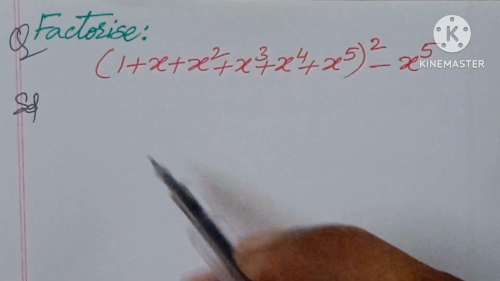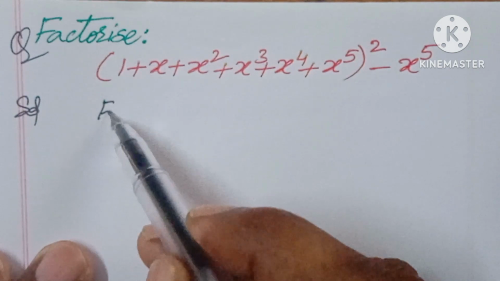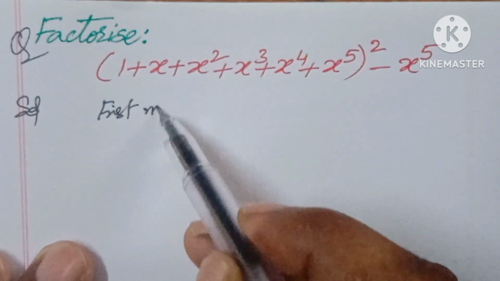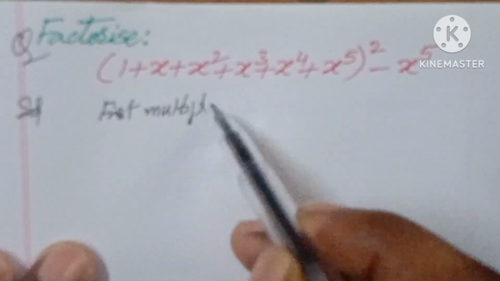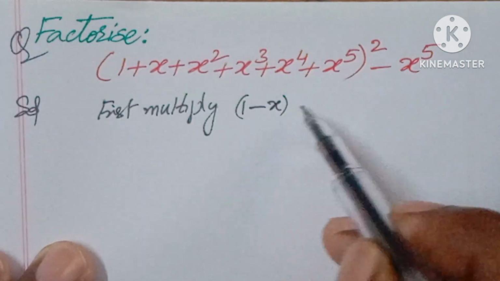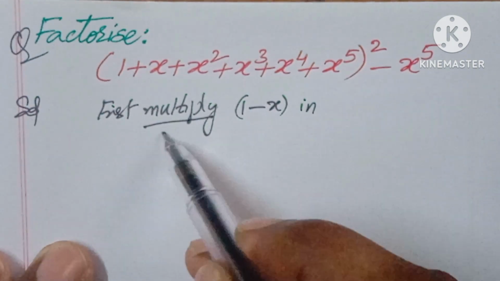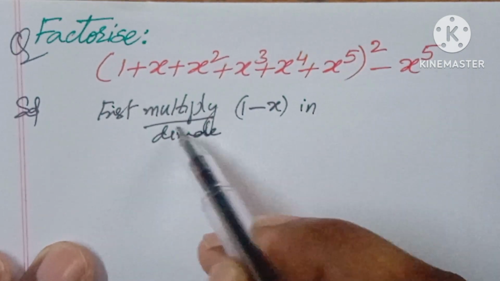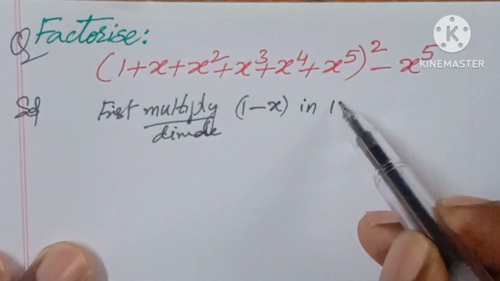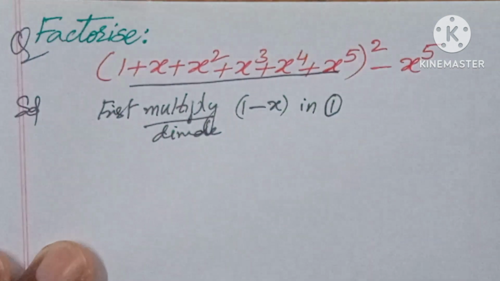So here, the logic is, first, multiply and divide by 1 − x in the first expression.